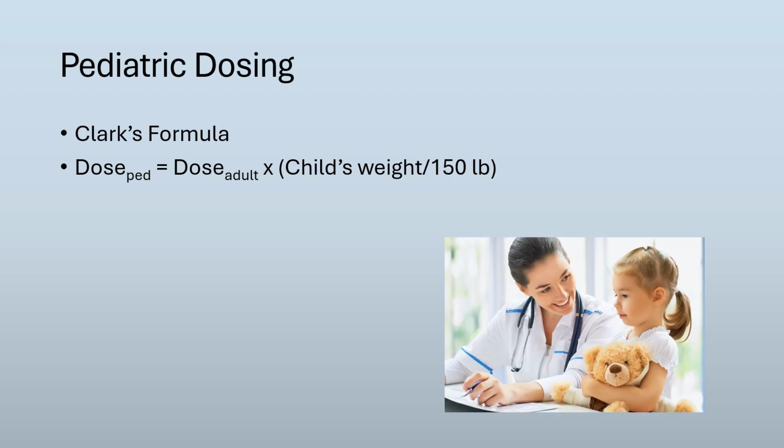Another very common method is Clark's formula. For this one, the adult dose is multiplied by the child's weight divided by 150 pounds. And again, which method is used is going to depend on the facility and protocols and procedures for that institution.